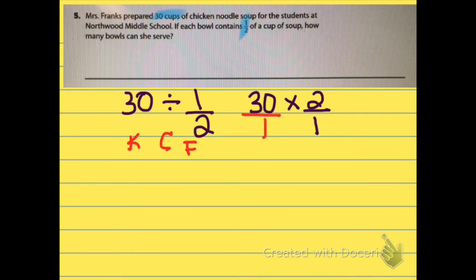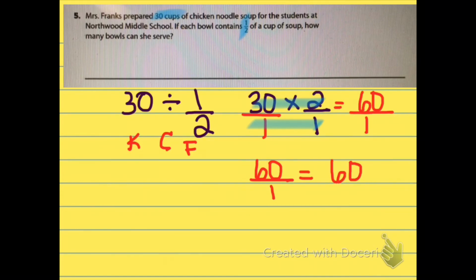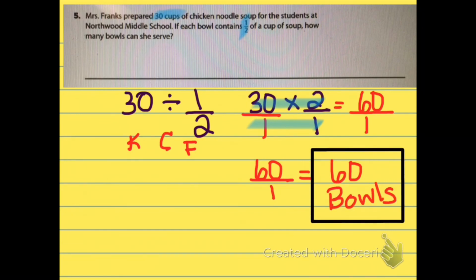Now we can multiply straight across. So that's 60, okay, and then 1 times 1 is 1. So 60/1 is the same thing as 60. Okay, so you will get 60 bowls. I had to go back and read the problem. You'll get 60 bowls of soup. Okay, that's your answer, guys. Get it written down. Okay, number 6 coming up next.